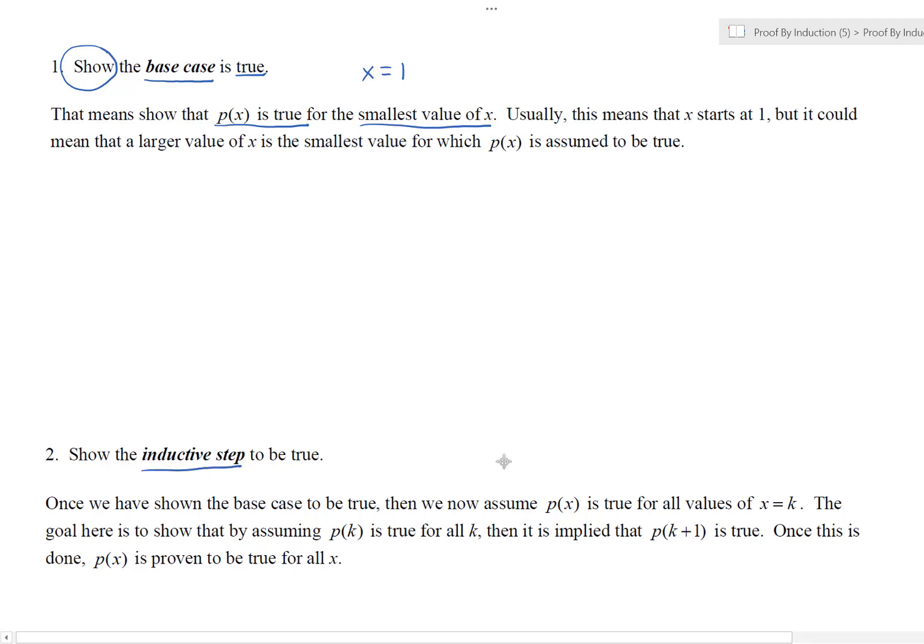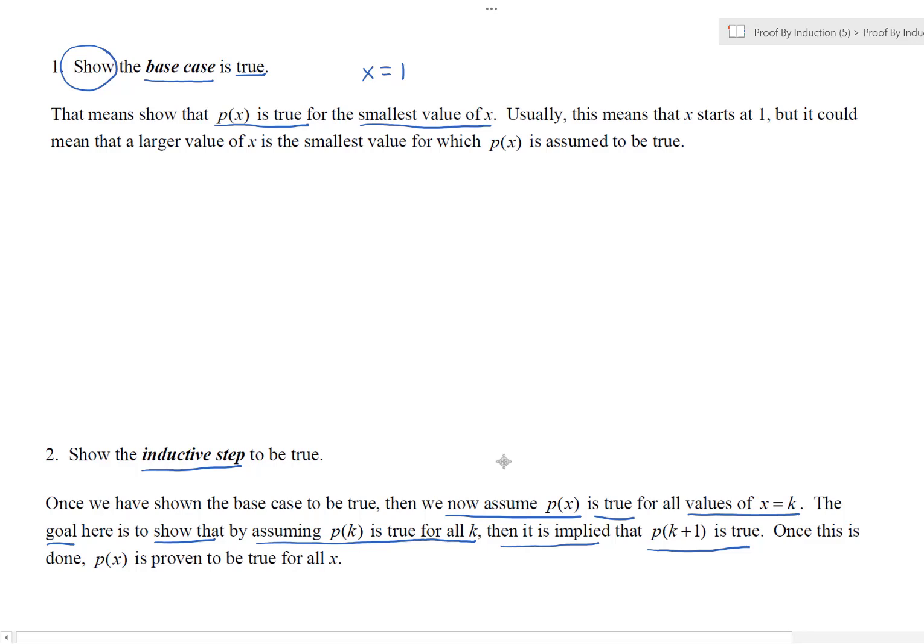This inductive step is a little more involved. Once we show the base case to be true, we now assume that P of X is true for all values X equal to K. So just the general situation is true. We assume that to be true, and then we have a goal. The goal here is to show that by assuming P of K is true for all K, it is then implied that P of K plus 1 is true.